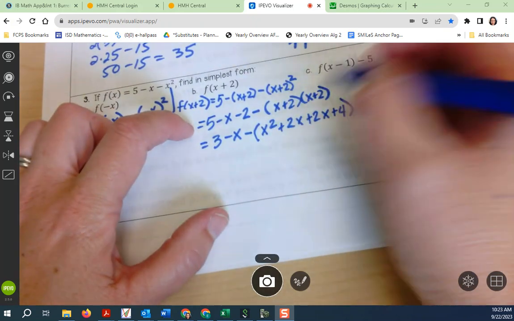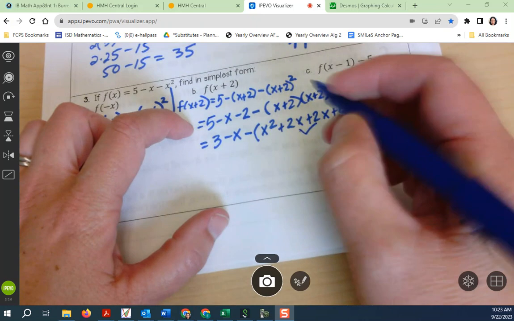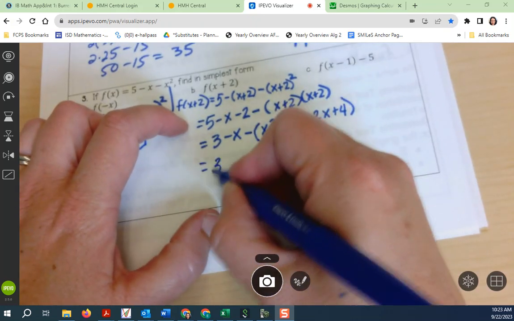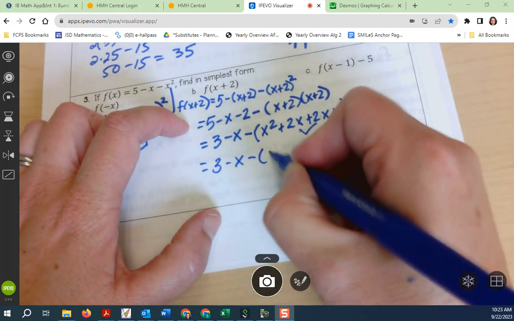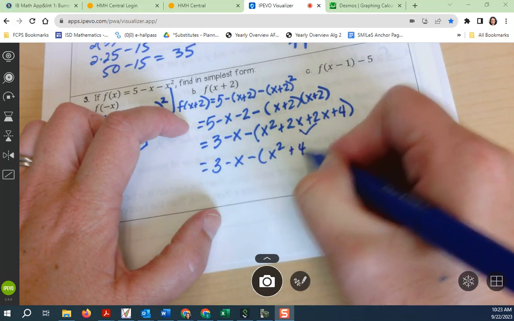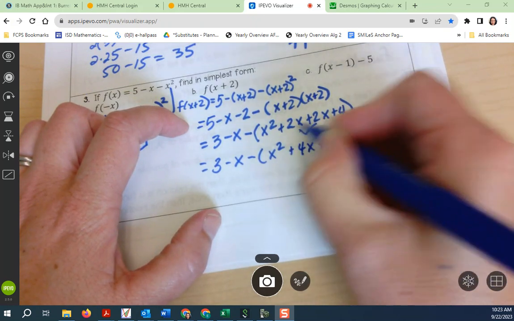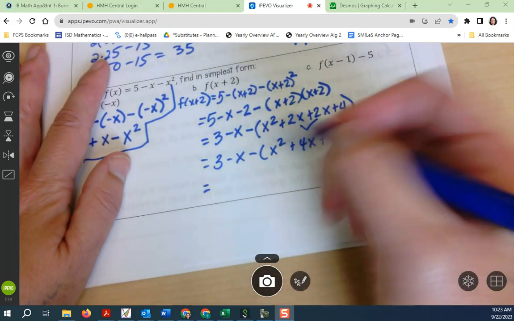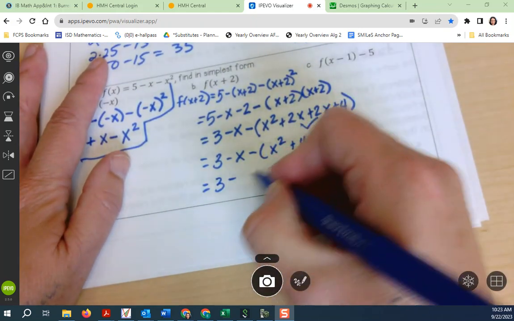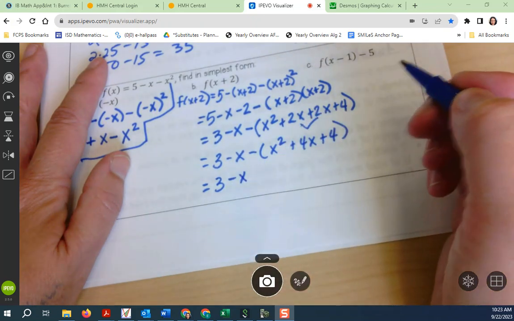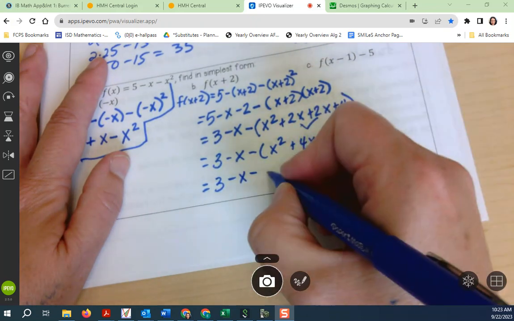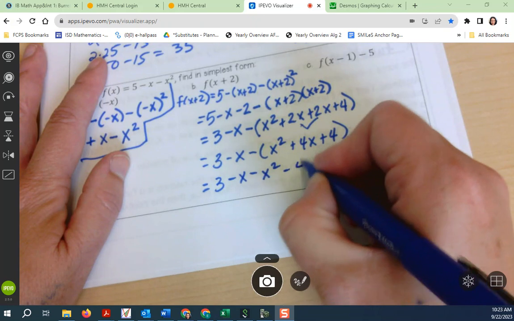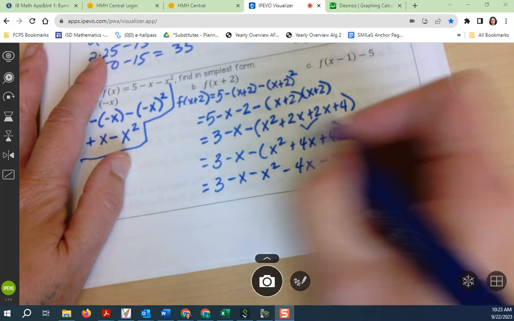Okay, so now I think I'll combine these like terms before I distribute that negative. So I'm going to bring everything down. 2x and 2x made 4x. Now I can distribute the negative. Lots of negative in this.